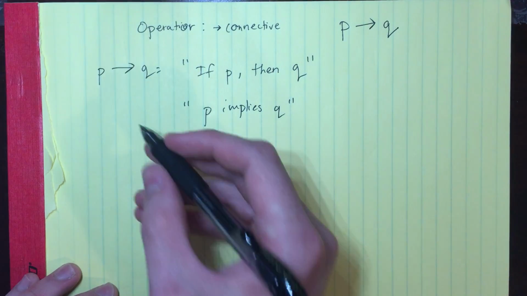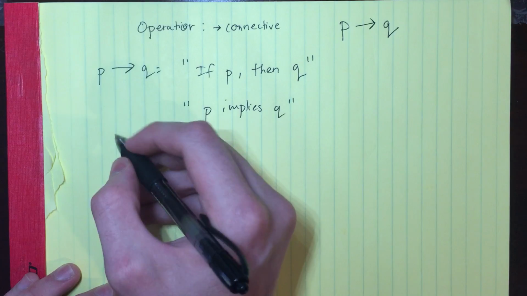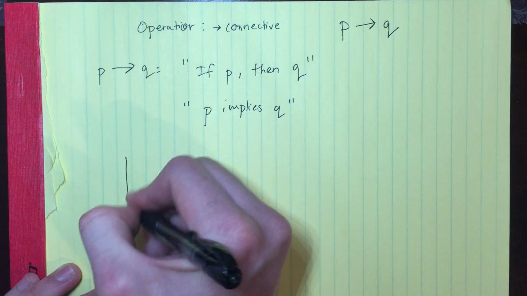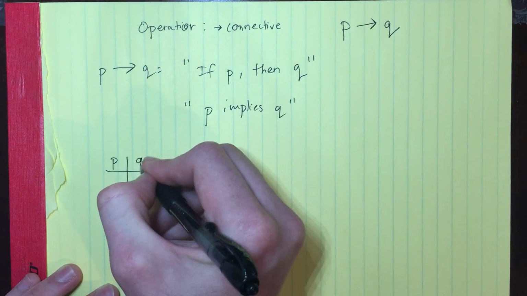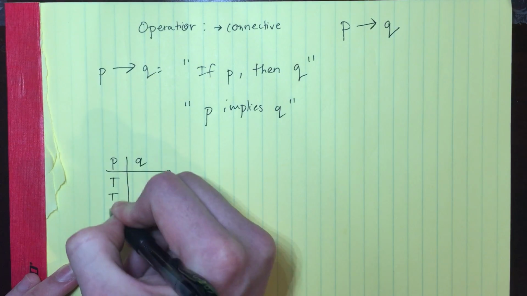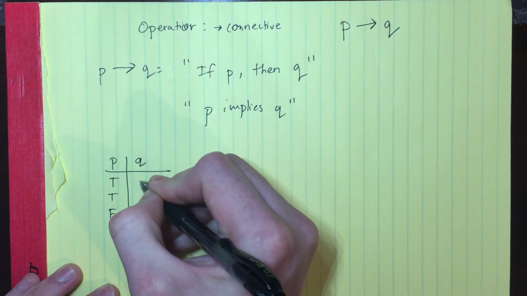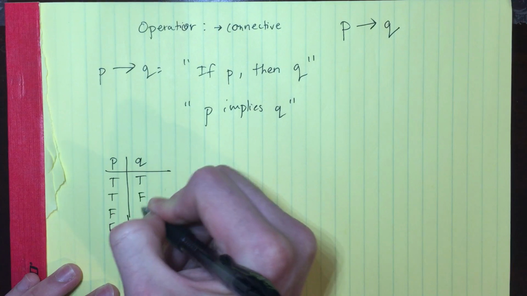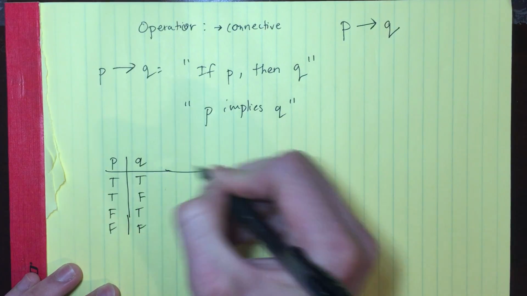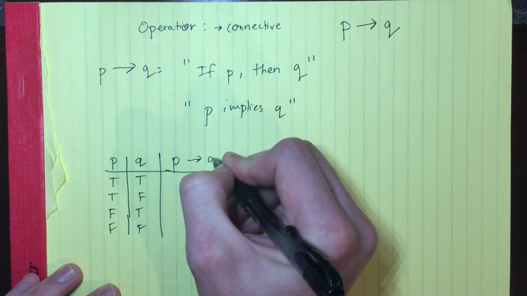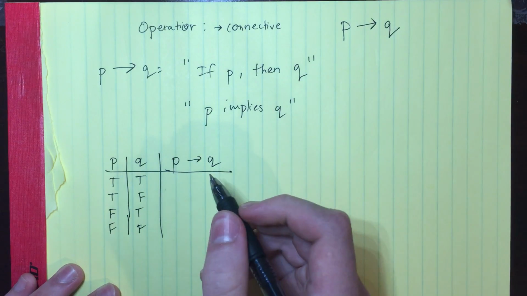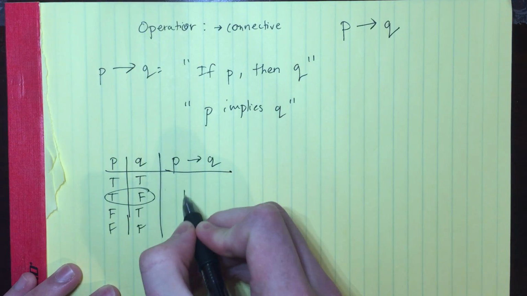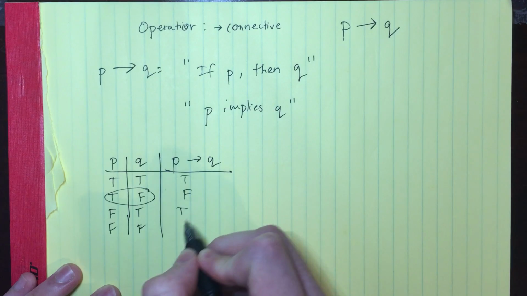If you're looking at the truth table of if P then Q, it's only false when it's true, false, and the rest are true.